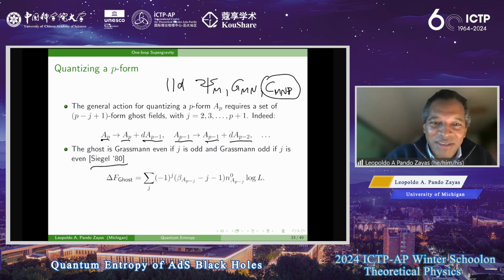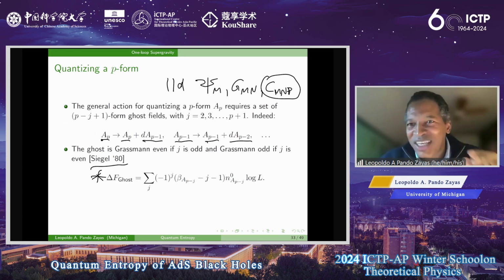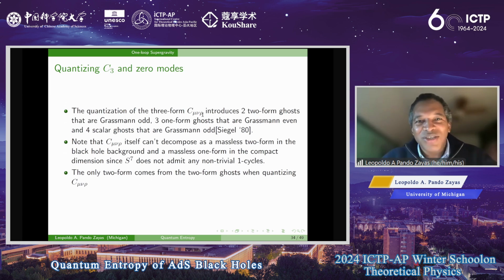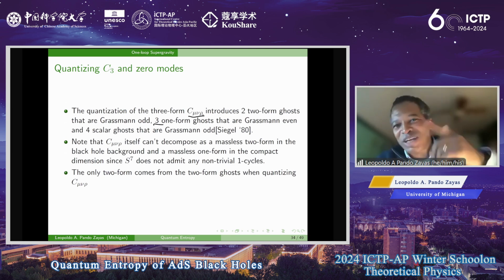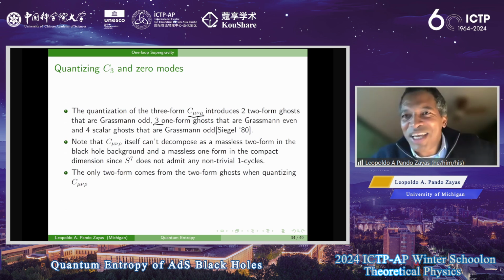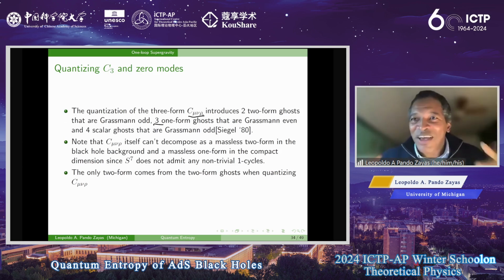This is all very well written. All I'm saying is that to quantize the three form, I need to introduce two form ghosts that are Grassmann odd, then three one-form ghosts that are Grassmann even, and four scalars. You see, I have to introduce all these fields just to quantize the three form.